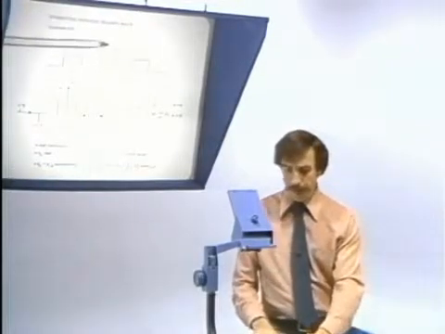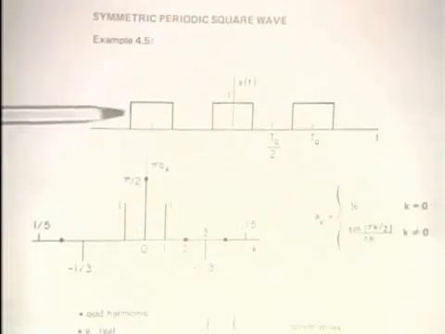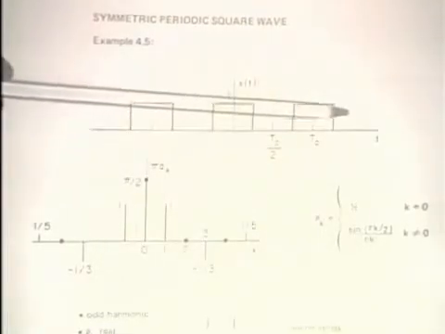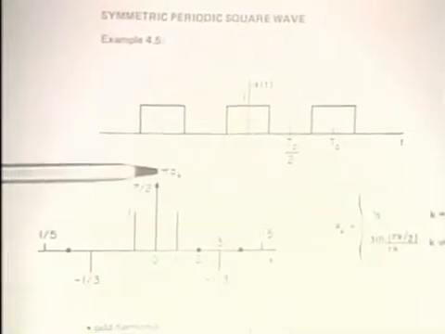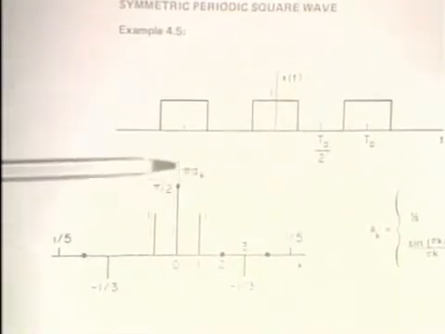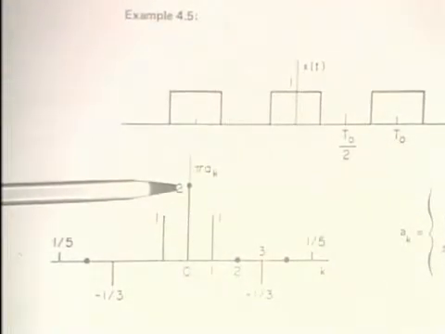So if we look at the Fourier series coefficients for this, the 0th coefficient, again, is the average value, which in this case is a half. Here I've plotted pi times the Fourier series coefficients, so the 0th value is pi over 2.